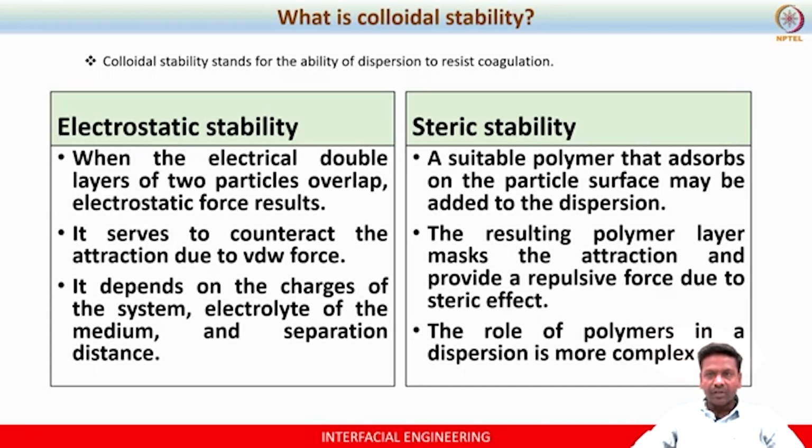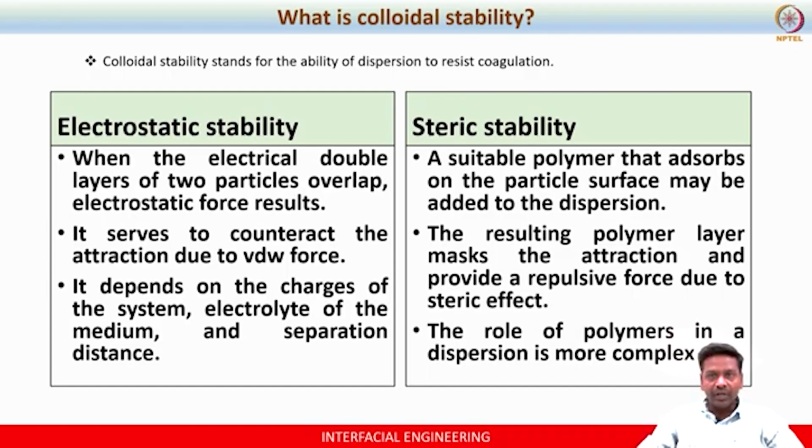So colloidal stability is very important, which we are going to address now. In understanding colloidal suspension, emulsion and so on, what we are trying to emphasize is that it is important for us to prepare a stable system, whether it is an emulsion or an important formulation, or whether you want to maintain a good shelf life of the product.